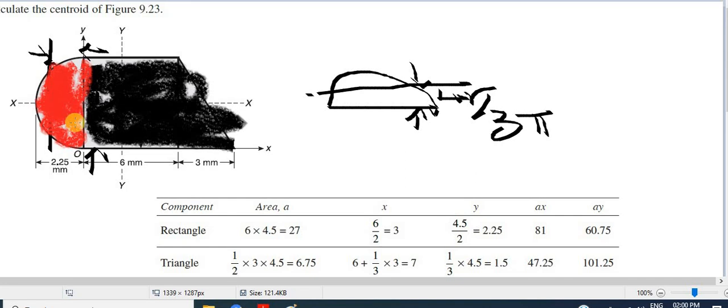Okay, next is what? Y3. What is Y3? Distance from reference axis x to x centroidal axis. What is the distance? At the center, if you draw one semicircle, it is symmetrical. Symmetrical axis means what is the formula? R formula. Is it positive or negative? That y is positive or negative? X axis means it's positive.